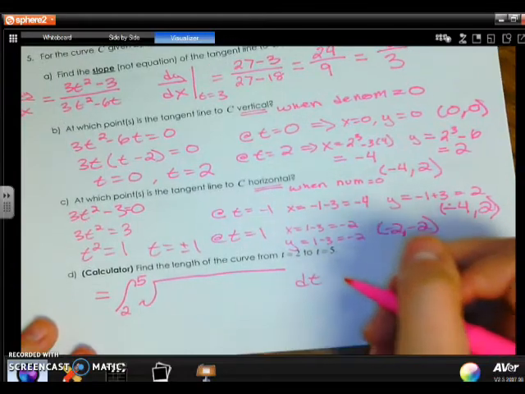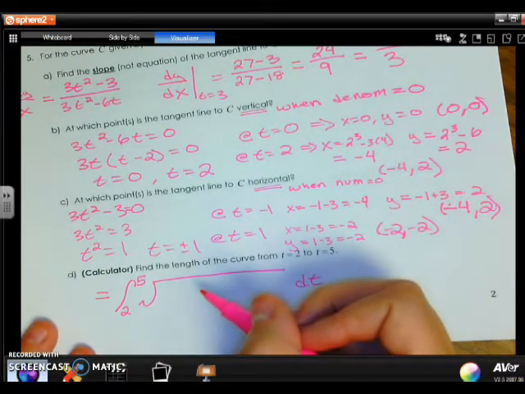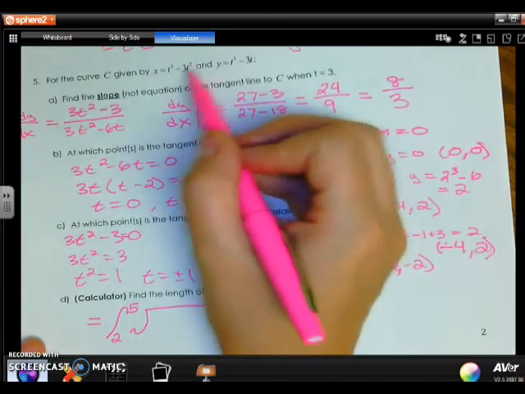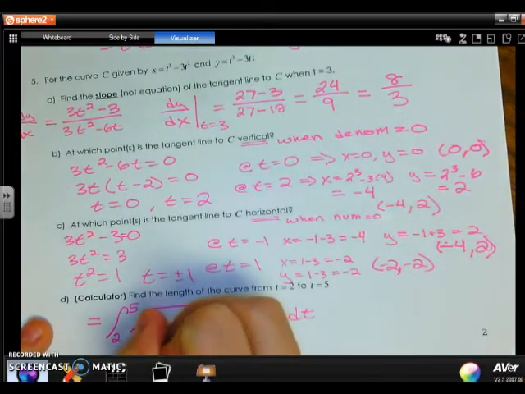So my dx and my dy, I've got those things up here, so you actually have to take those and square them.